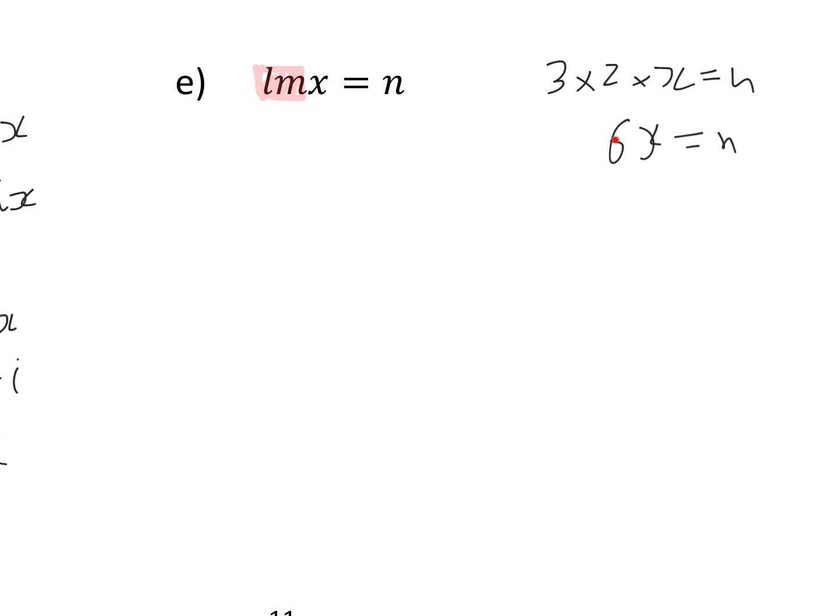But dividing by 6 is the same as dividing by 3 and 2. So whatever's in front of the x, we can just divide through by that. And that will get x on its own. So we're going to divide the left by lm and the right by lm. And that gives x equals n divided by lm.